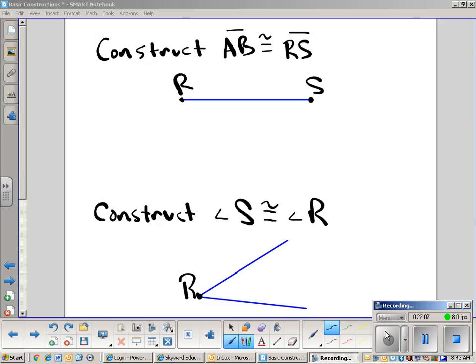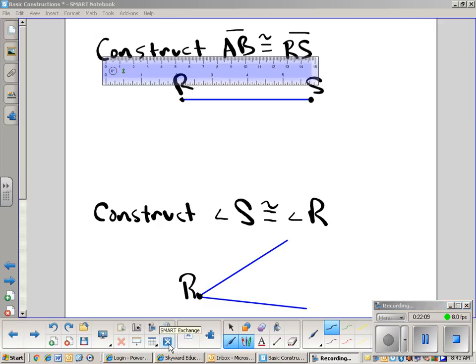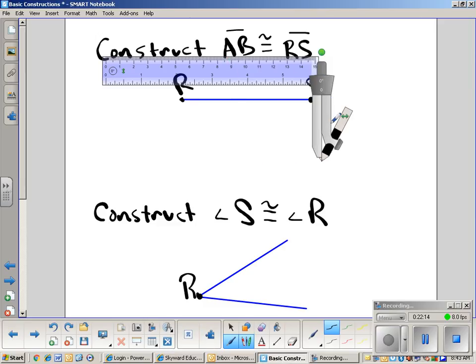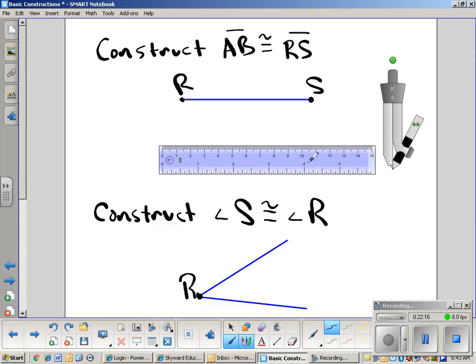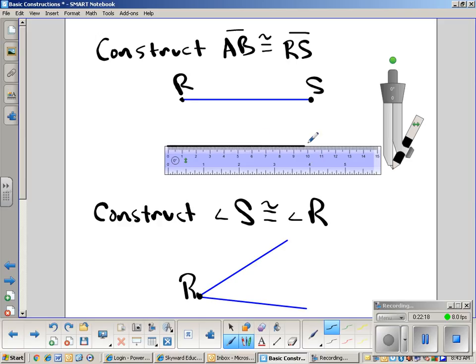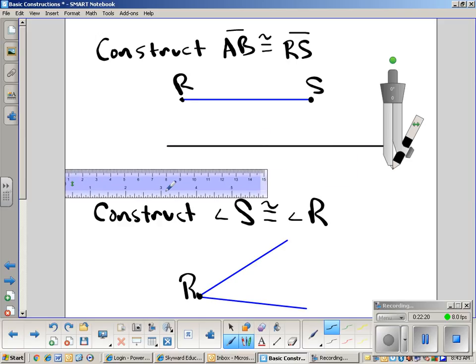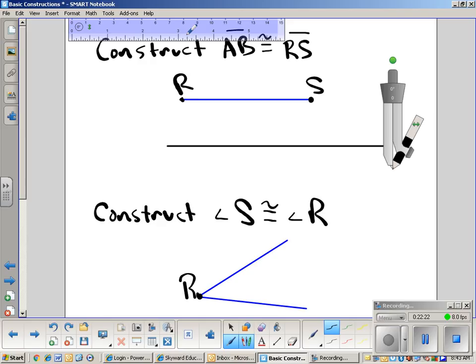And so I'm going to draw a line with my ruler that is longer than RS. You agree that that's longer than RS? Okay?